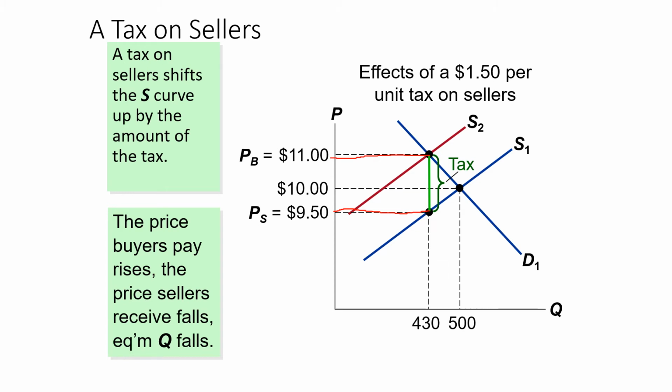And again, it does not change the overall result on the market quantity. In the previous example, the market quantity was 430, and similarly in this example, the market quantity again is 430.